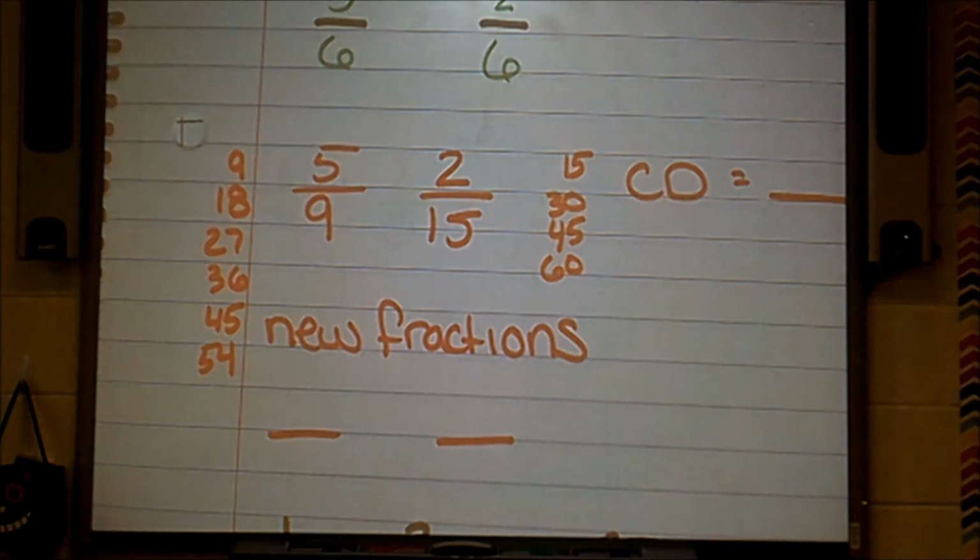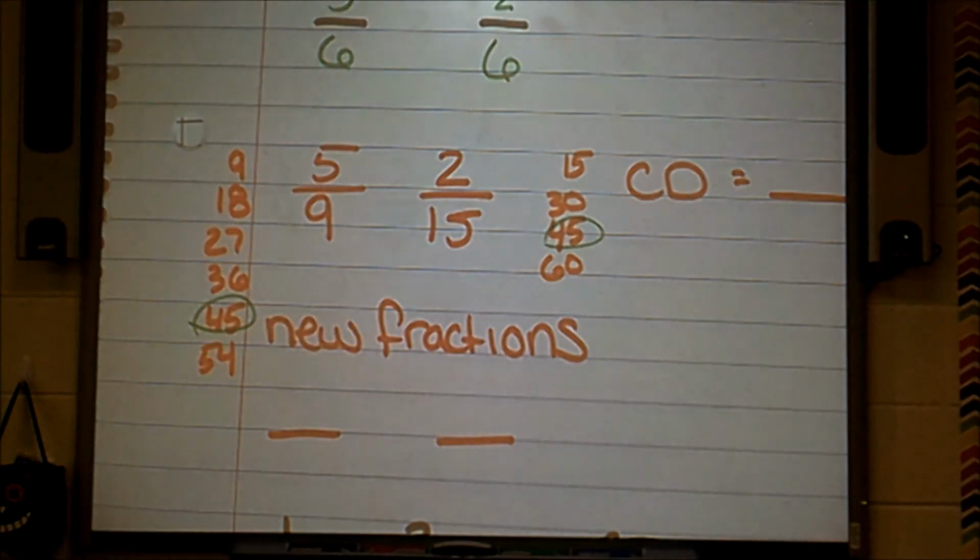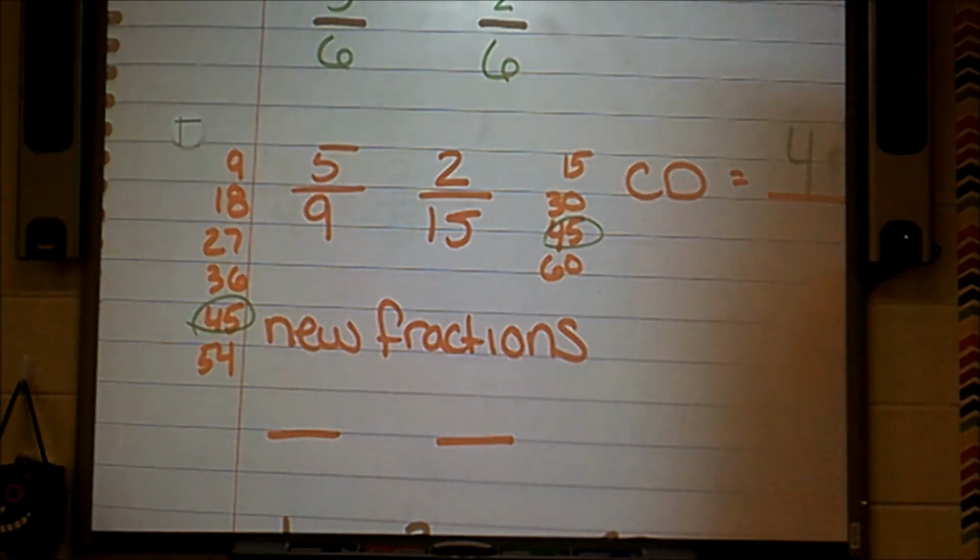Do you notice any numbers that they have in common? I do. I see that they have 45 in common. So that means my common denominator is going to be 45.